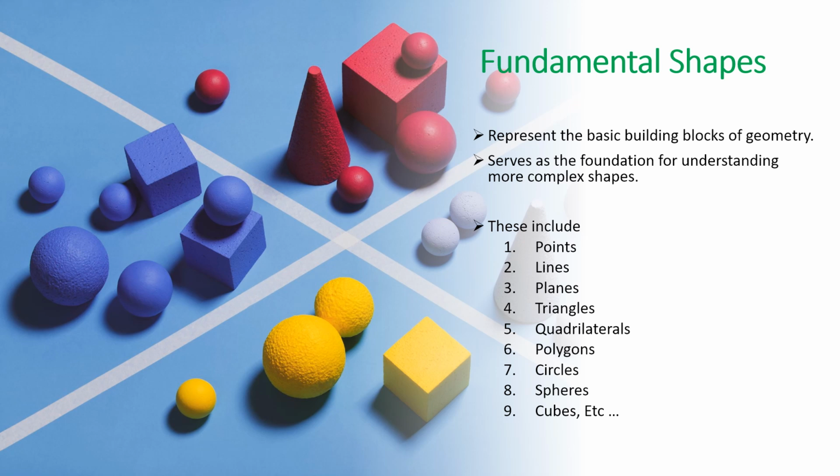Planes, triangles, quadrilaterals, polygons, and circles are all two-dimensional shapes. Spheres, cubes, etc. are three-dimensional shapes, right? These make the fundamental shapes, and complex shapes are in turn made out of these basic shapes. Our journey in this class is to understand some of these fundamental shapes, and the focus of this class will be triangles.